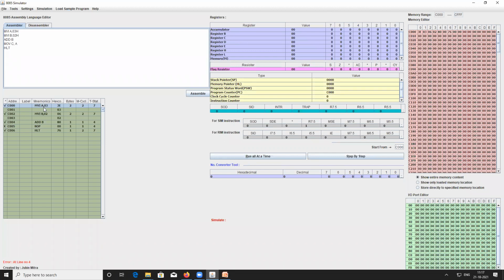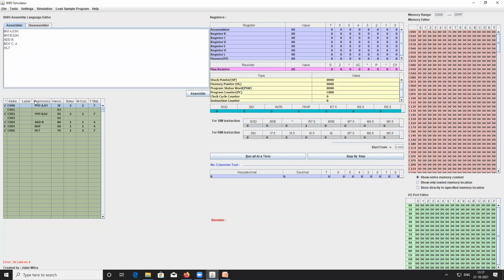MVI A,03. See, MVI A,03 is a 2-byte instruction. Why? MVI A requires 8 bits and 03 requires 8 bits. So MVI A,03 is a 2-byte instruction.